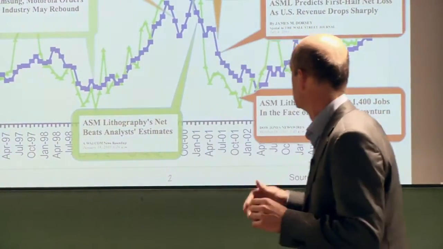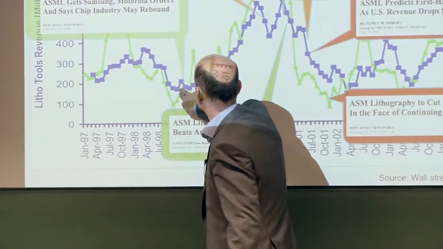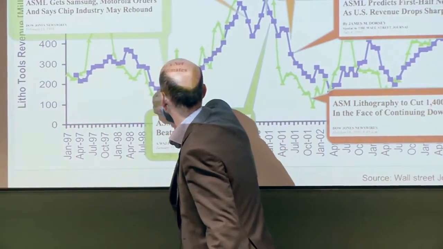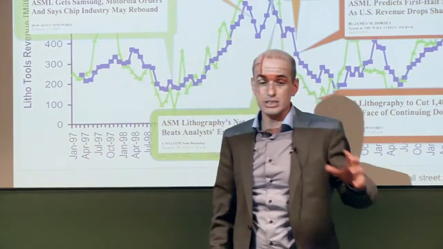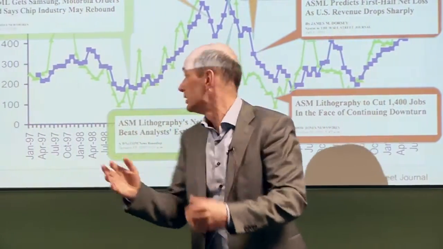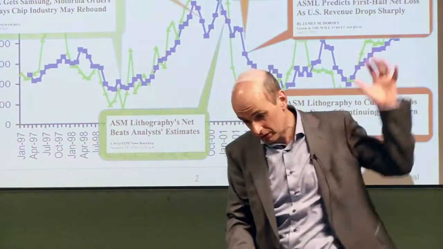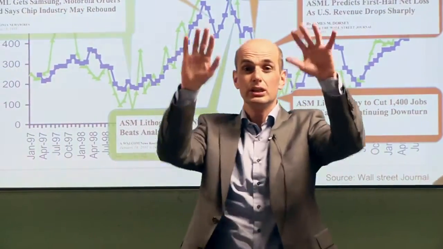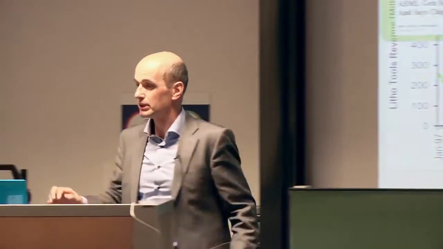Here we talk about from this period of 150 up to 500. So that's easily 300% more. And from the 300 back to 50, well, 80% less. So really big swings. Okay, that's ASML. Just one example. I'll give you two more.